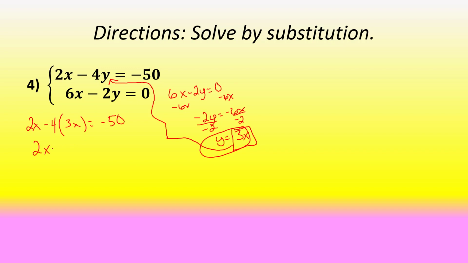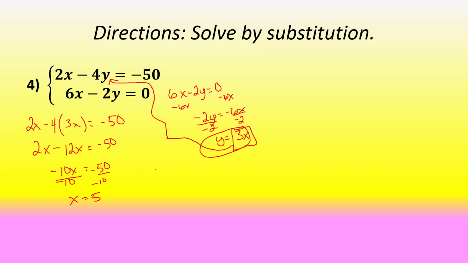So 2x minus 4 times 3 is 12x, equals negative 50. 2x minus 12x, well, that's going to give me negative 10x equals negative 50. Divide by negative 10 on both sides. x is equal to 5.